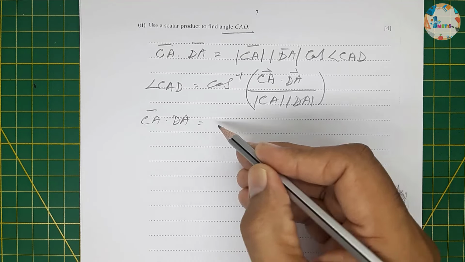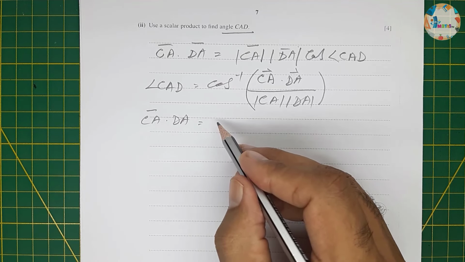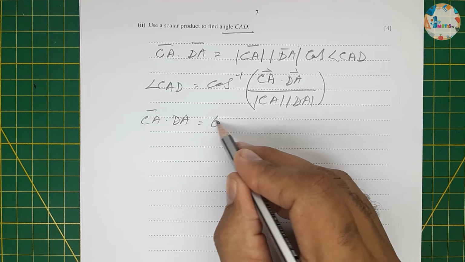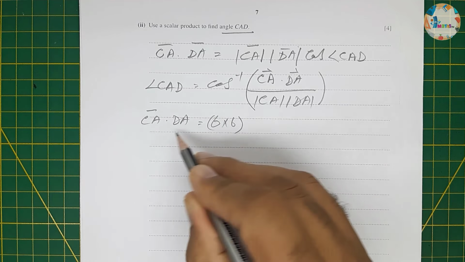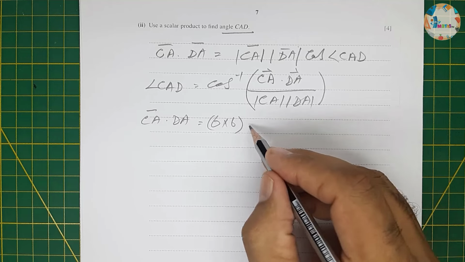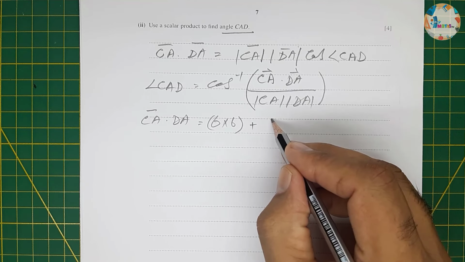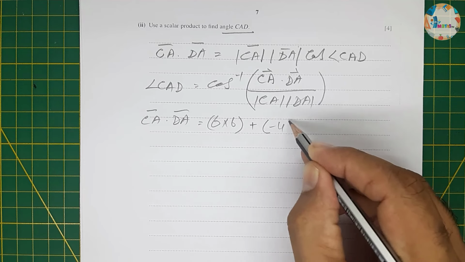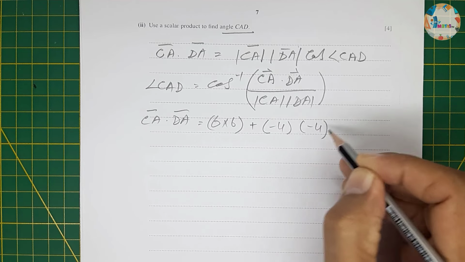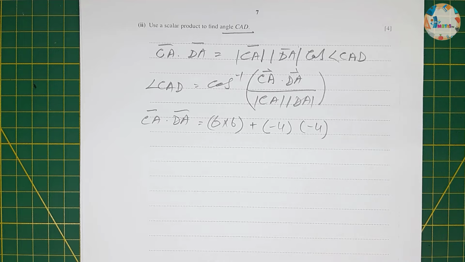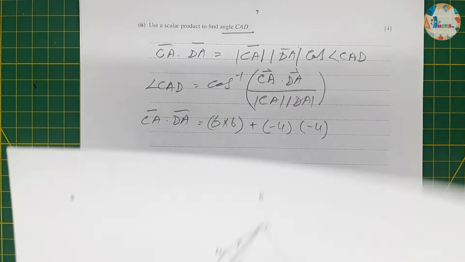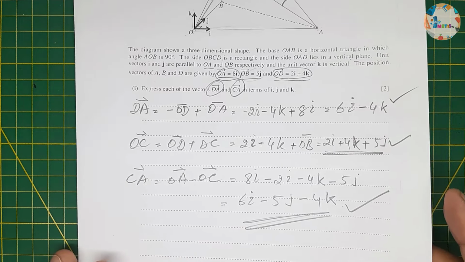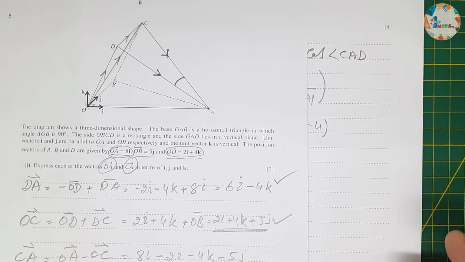This will be equal to 6 into 6, basically CA dot DA we are finding, and minus 4 into minus 4. Basically I dot I and J dot J. Our CA is over here, this one CA dot DA.